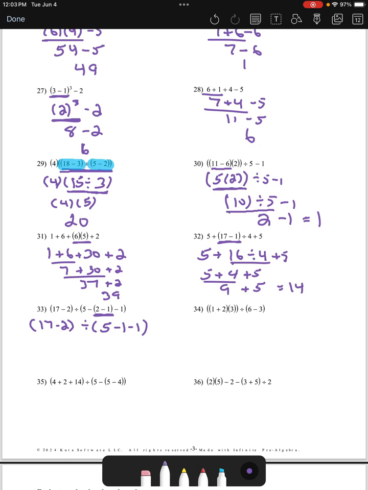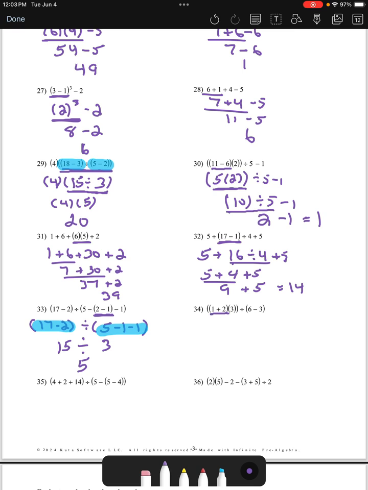That means we can do each one right now and keep what we get separated by a division symbol. So 17 minus 2 is 15. And while I've been writing these out every time so far, I think this math is simple enough we can just say, hey, 5 minus 1 is 3. And 15 divided by 3 is 5.